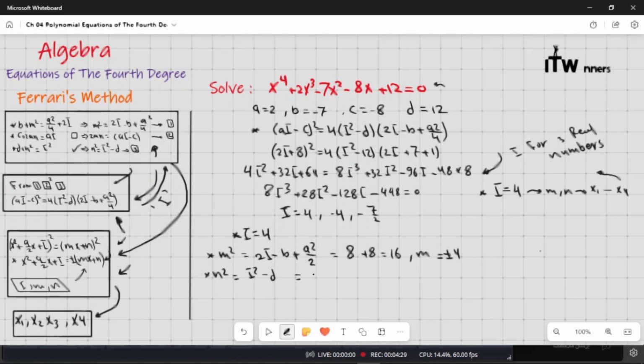So we have here 16 minus 12 equal to 4, and here n equal to plus or minus 2.